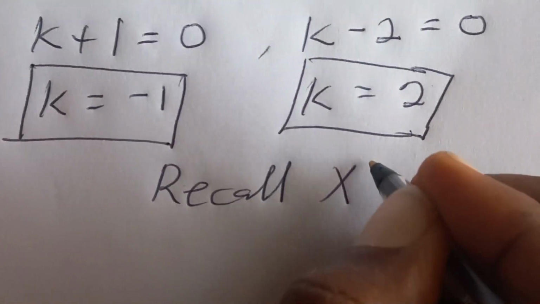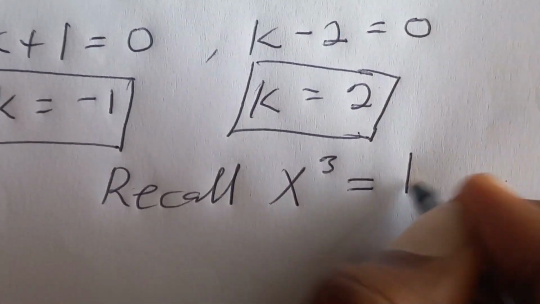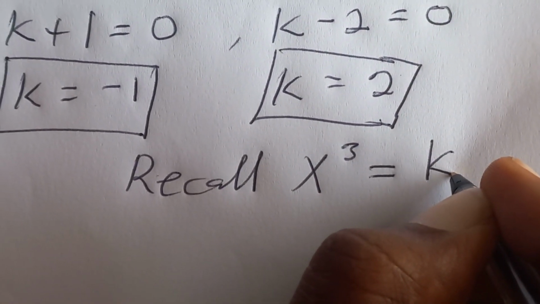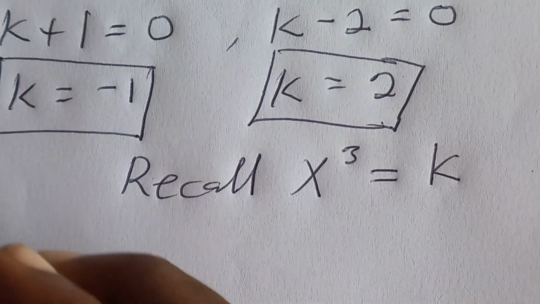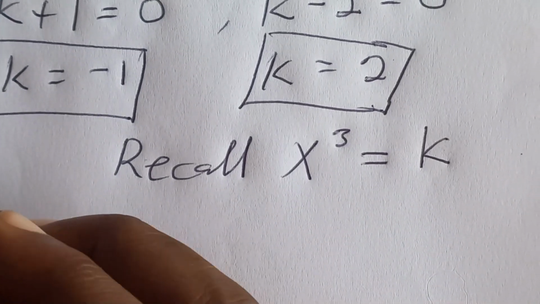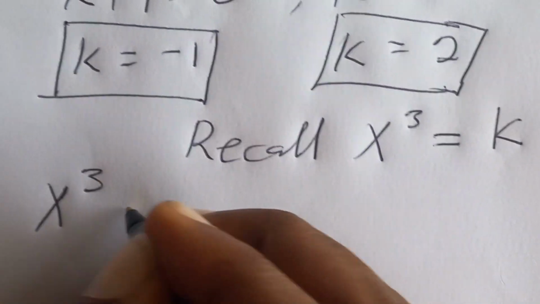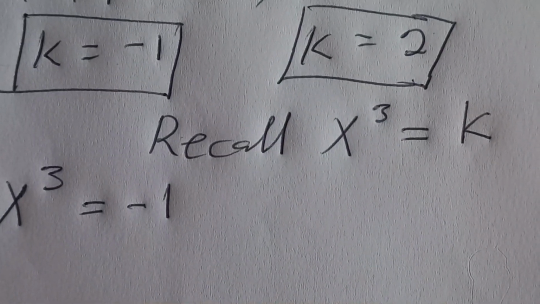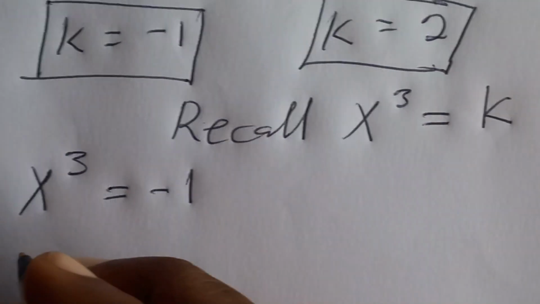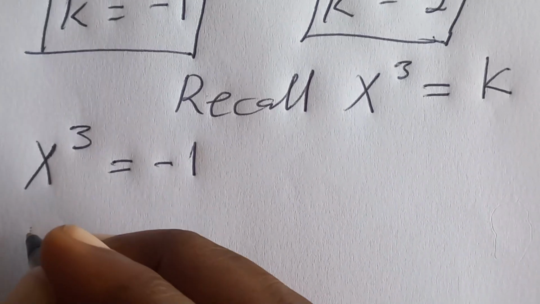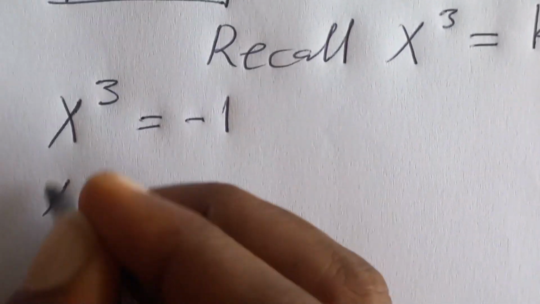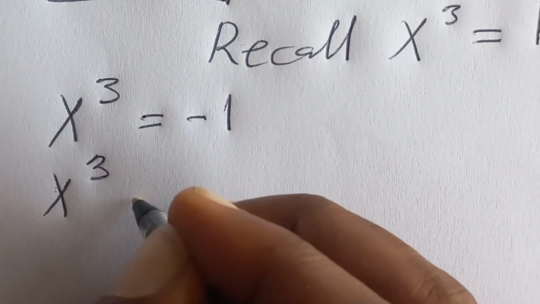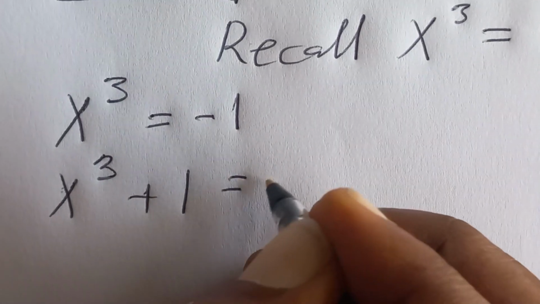Now let's recall that our x cube was equal to k. Okay, so with this, we get x exponent 3 is equal to negative 1. So from here we say that x exponent 3 plus 1 is equal to 0.